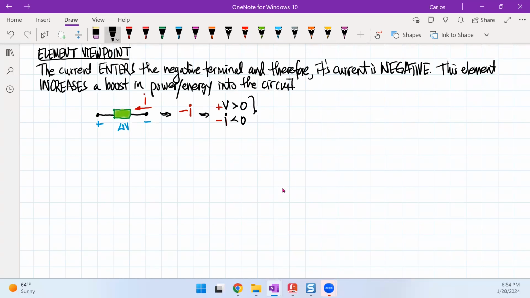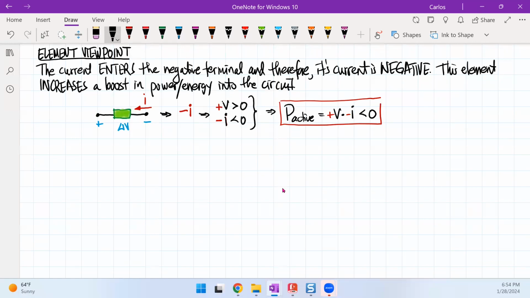So when you look at this combination, if we have an active power, we have voltage times current, but then I have a positive and a negative, and you could see immediately that this thing is negative. So an active element has a negative power.